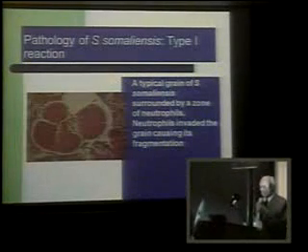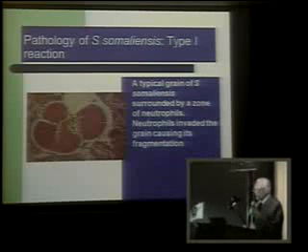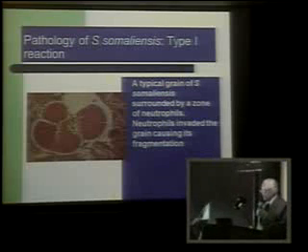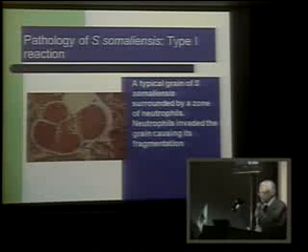This is the cross-section of a typical lobed grain of somaliensis. It is a very hard grain because it has a cement substance, and it fragments.